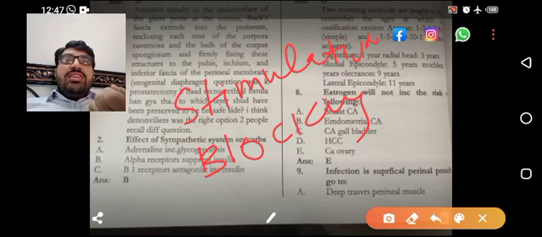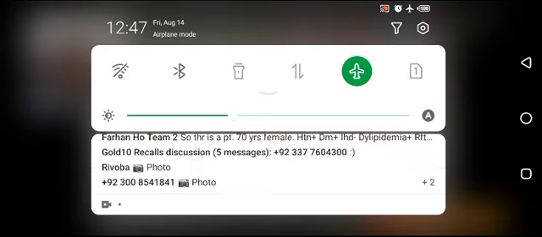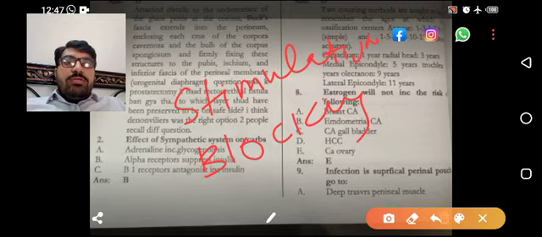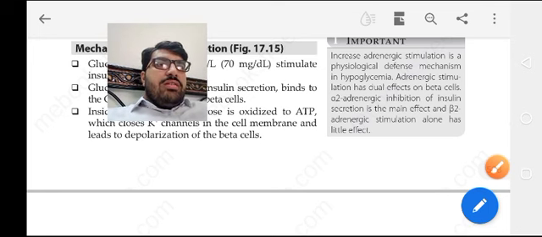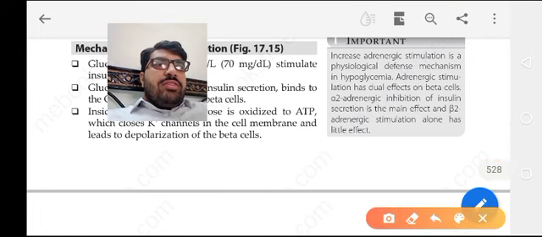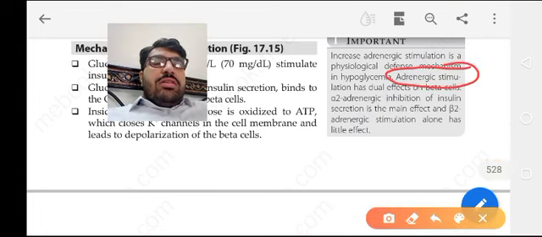Then causes increase in glucagon. So here I will give you the reference. Coming toward that reference, so this is that reference, that is the adrenergic stimulation.